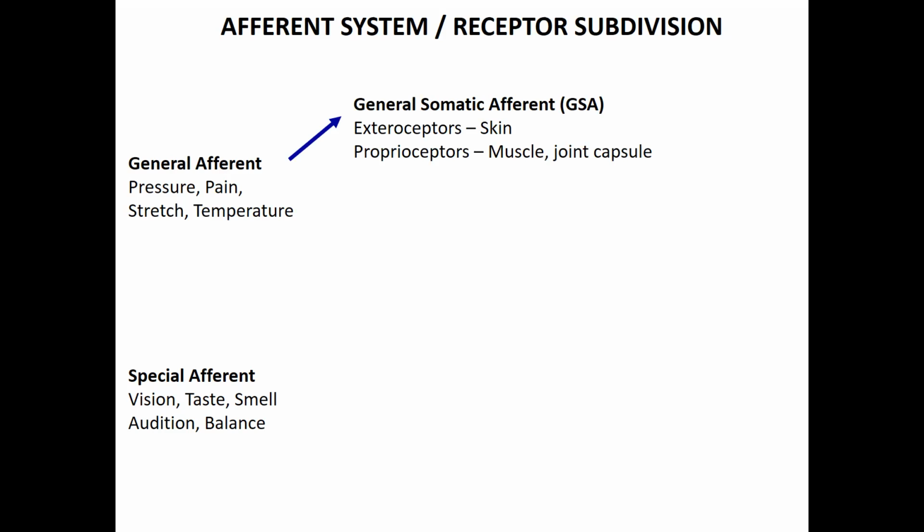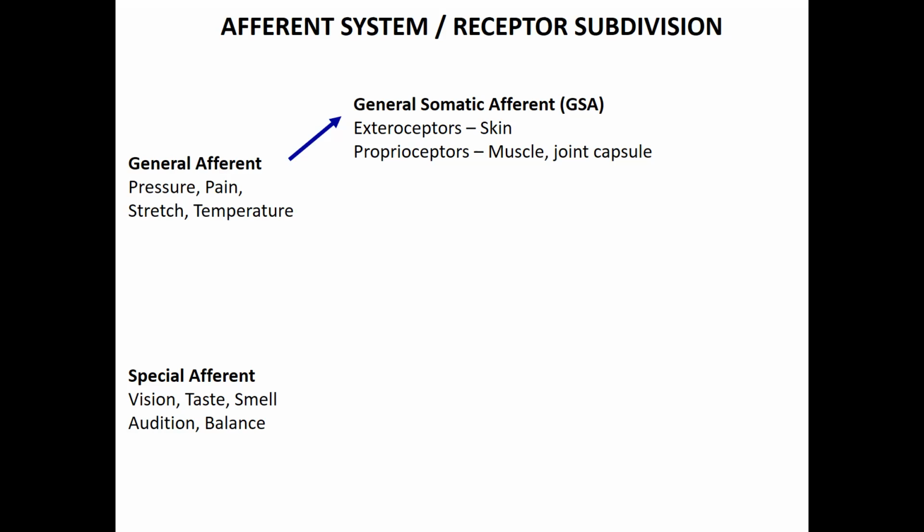One is the exteroceptors, the receptors which help the animal communicate with its external environment. That's why we call them exteroceptors. They receive the external stimuli of pressure or touch, pain, stretch, or temperature in terms of cold and heat. Different receptors are there for each of them, and they are grouped as exteroceptors.